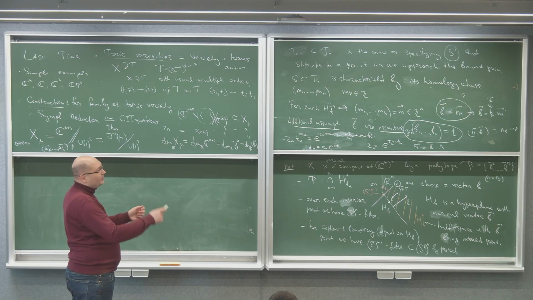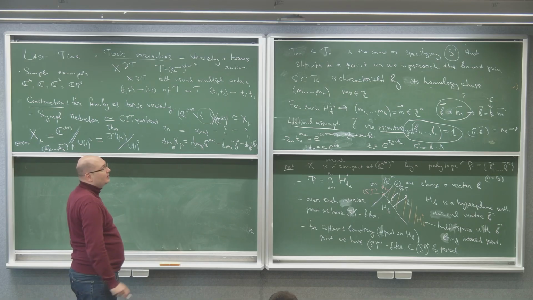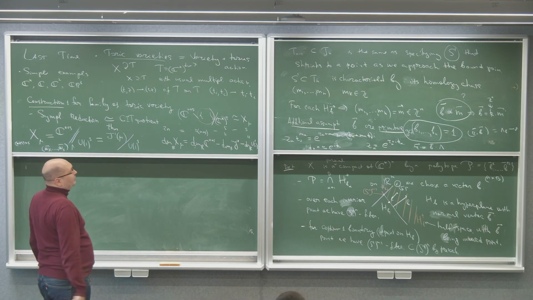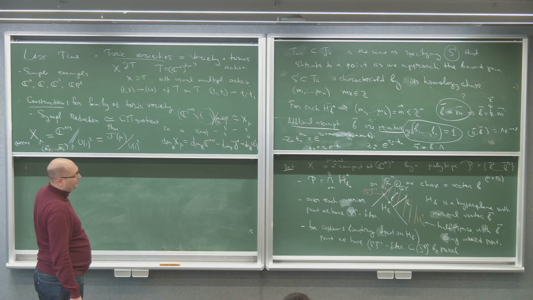The agreement of these two actions in the vicinity of the hyperplane requires that this normal vector B is proportional to the vector M that defines the circle over which we quotient the n-dimensional torus. And that was the question: how to carefully see this condition from some local analysis near the hyperplane.